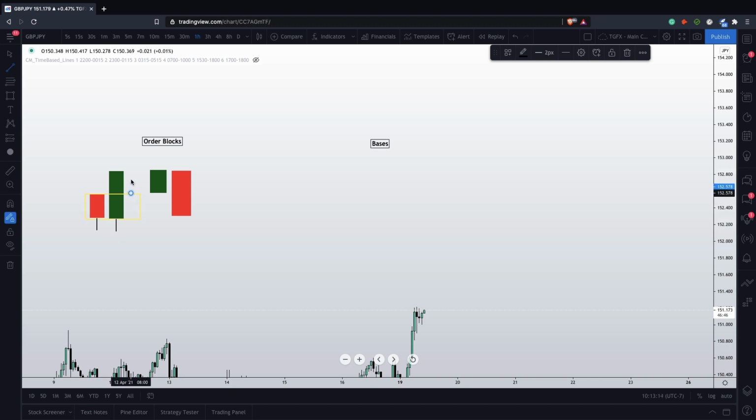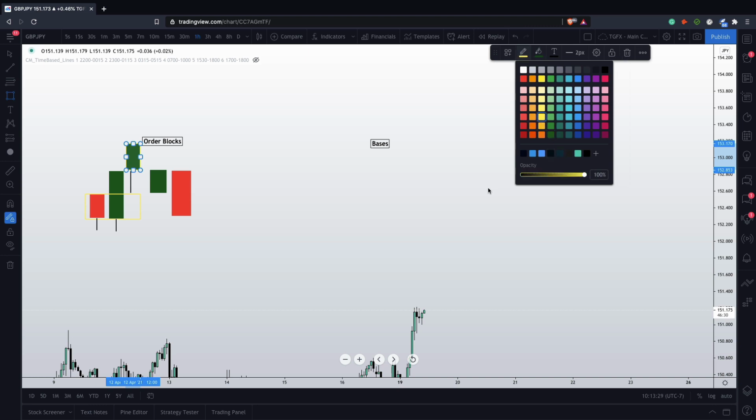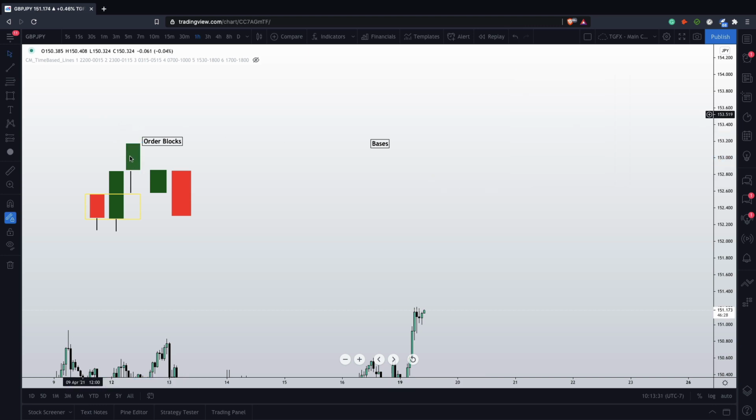And then when it forms a new candle, it's going to start retesting previous blocks. All right, so you're going to start to see things like this in the market.